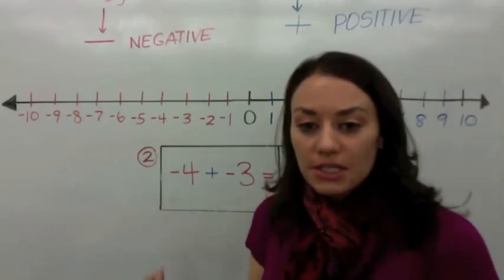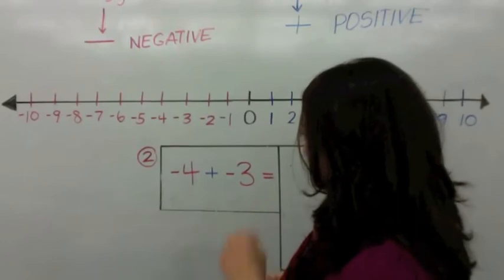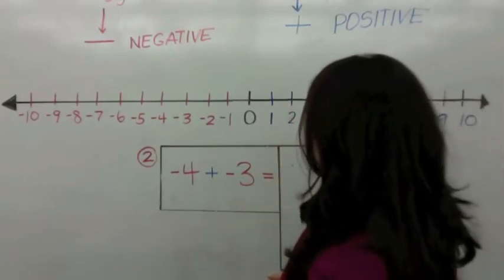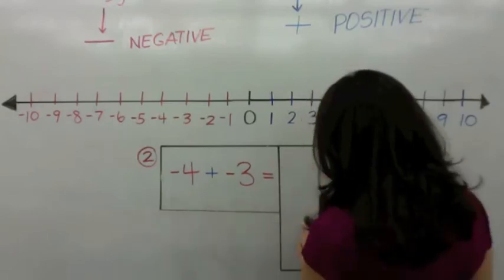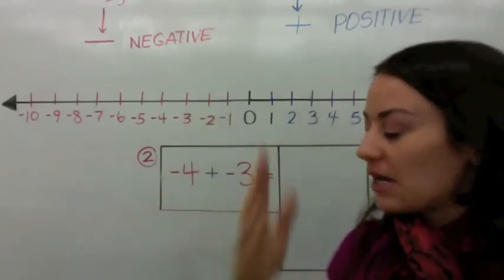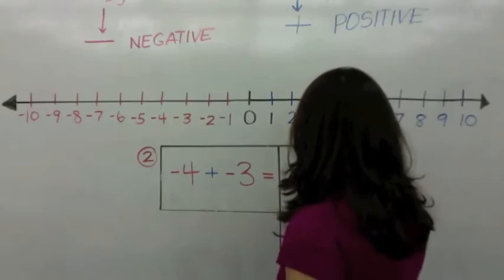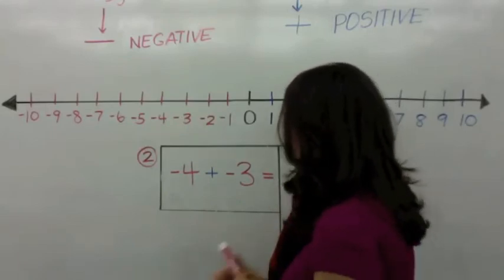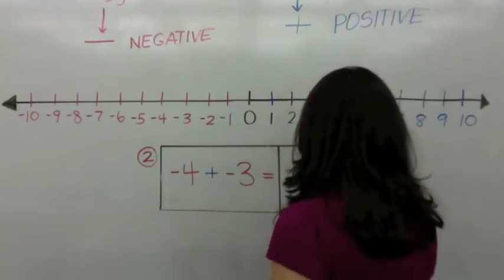Are these integers both negative? Yes, they are both negative. So I'm going to write these numbers in this box up and down. You're going to write it vertically. You're going to say negative 4 plus a negative 3.